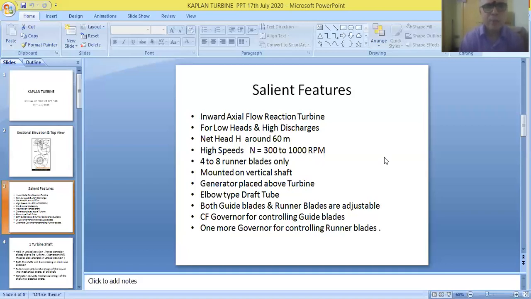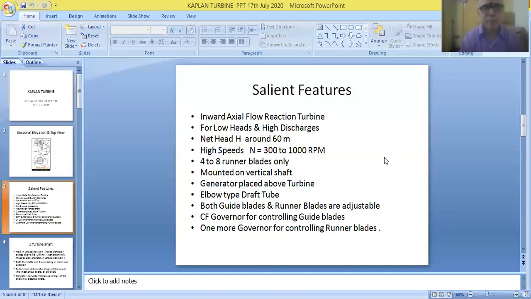Similarly, it's mounted on a vertical shaft, so the generator will be coming above the turbine. We have also talked about the draft tube. An elbow draft tube is essential for operating the turbine. A centrifugal governor is used for controlling the blades of the guide wheel mechanism, and one more governor is used for controlling the blades of the runner mechanism.